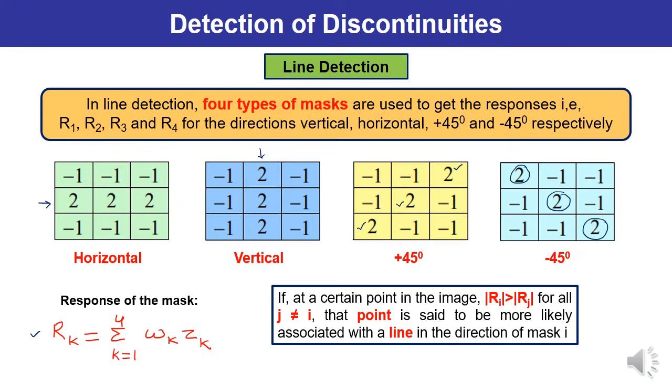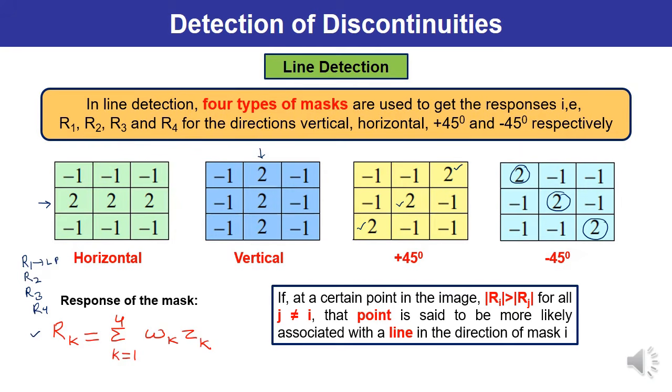See, here one important point is, there are 4 masks. You are saying R1, R2, R3 and R4. It means, let me write it, R1, R2, R3 and R4 depending upon the different values of k. So R1 is the response when moving the mask from left to right.